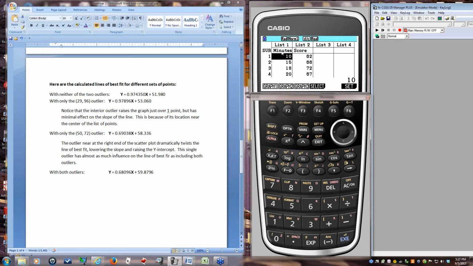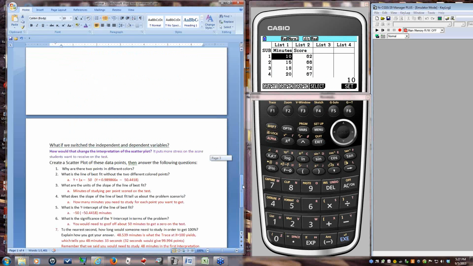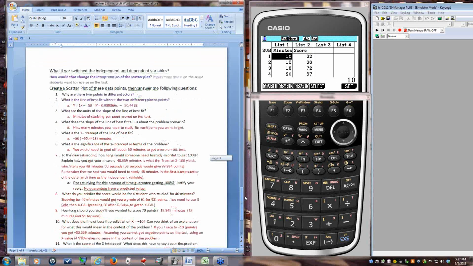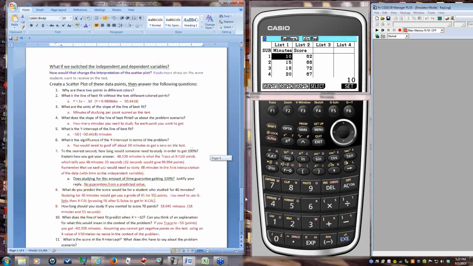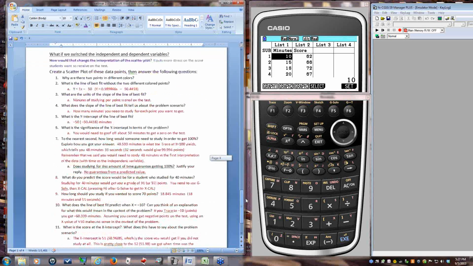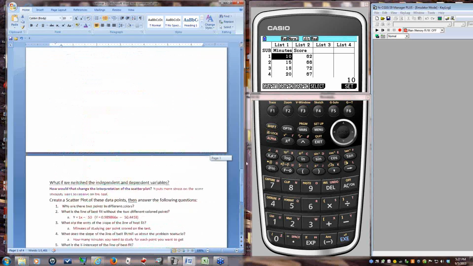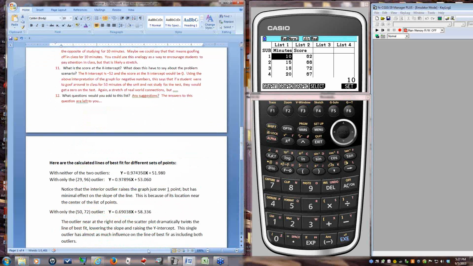But what I'm going to do now, the second thing, is to go through these questions and look at what happened if we switched the independent and dependent variables. So I'm going to come back to that shortly.